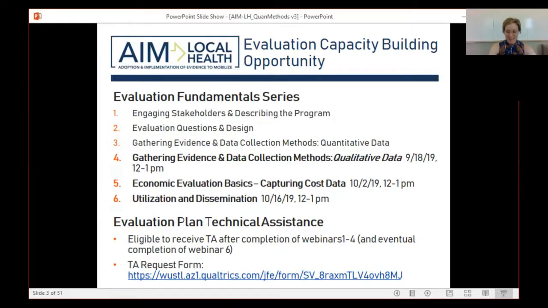The TA can include guidance with process and outcome objectives and their indicators, fine-tuning your program's logic model, data collection methods and plan, and your dissemination plan. The consultants for this technical assistance are either the Brown School Evaluation Center, NACCHO, or the Prevention Research Center. And you can take advantage of this TA opportunity as early as late September through the end of the project, which is February of 2020.